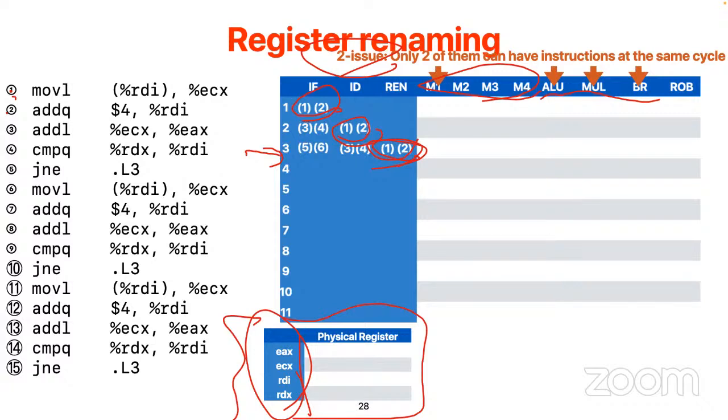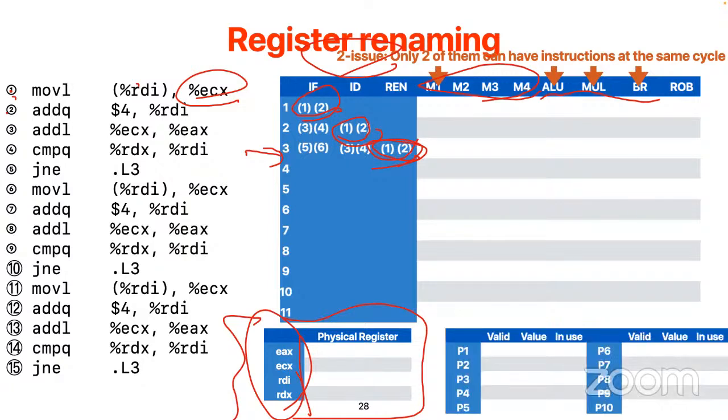Right now I have instruction 1 and 2, and this one has ECX as the output. According to our register renaming policy, we need to find a physical register to store this output. We have a set of physical registers from P1 to P10, and the register renaming logic can obviously start from P1.